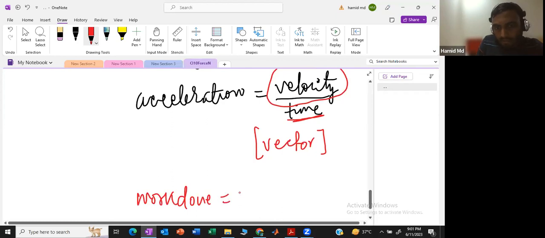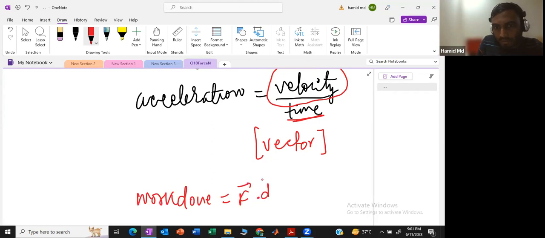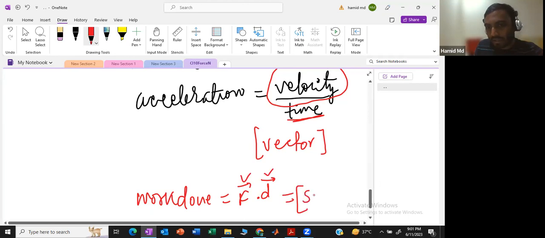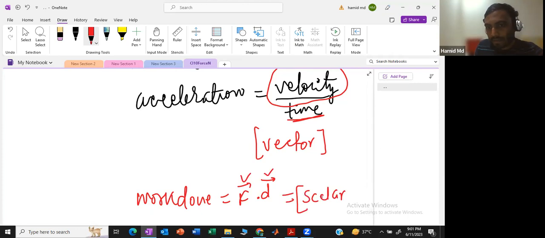This is force dotted with this displacement, right? These two are vectors, but the result gives us a scalar. They are scalar, right? Yeah.